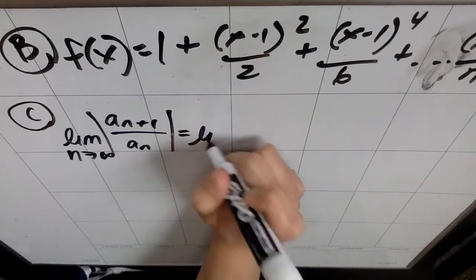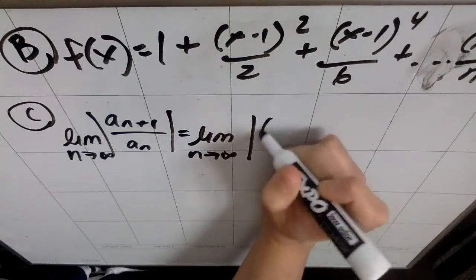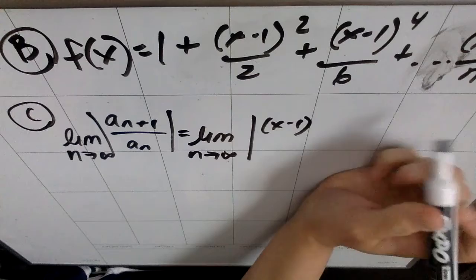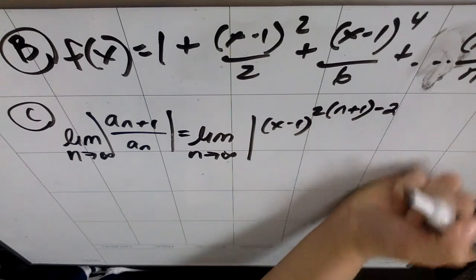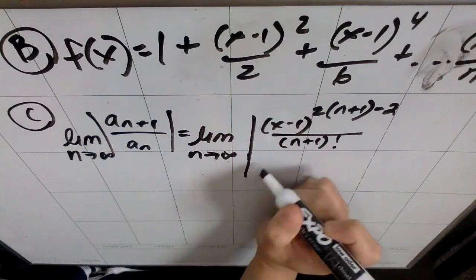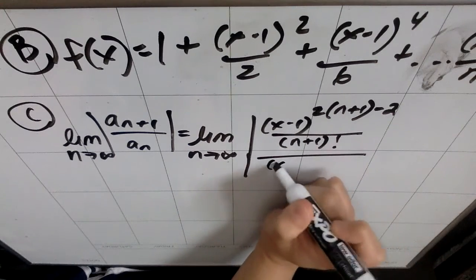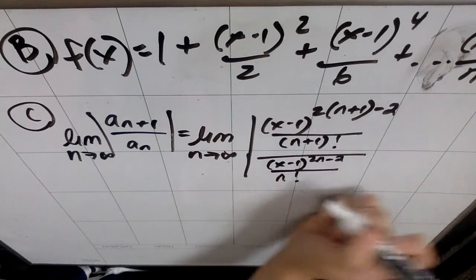So I'm going to get that this is the limit as n approaches infinity of x minus 1 to the, this is going to end up being 2 times the quantity n plus 1 minus a 2, right, over an n plus 1 factorial, right, all divided by the nth term already, which was an x minus 1 to the 2n minus 2 over an n factorial, right?